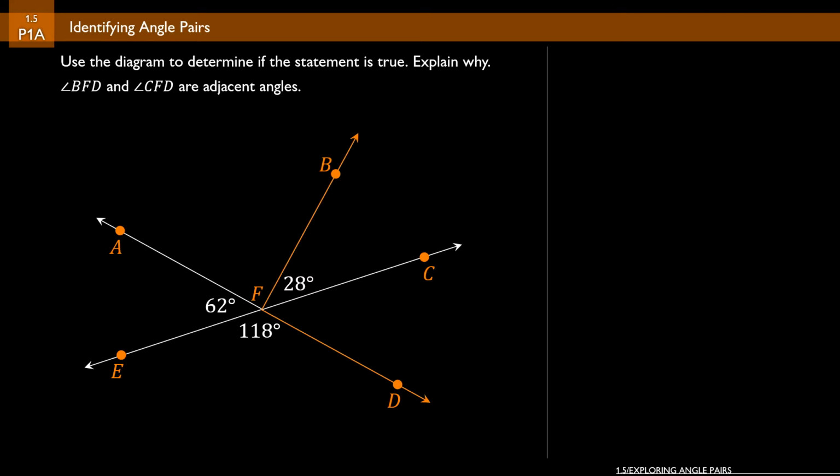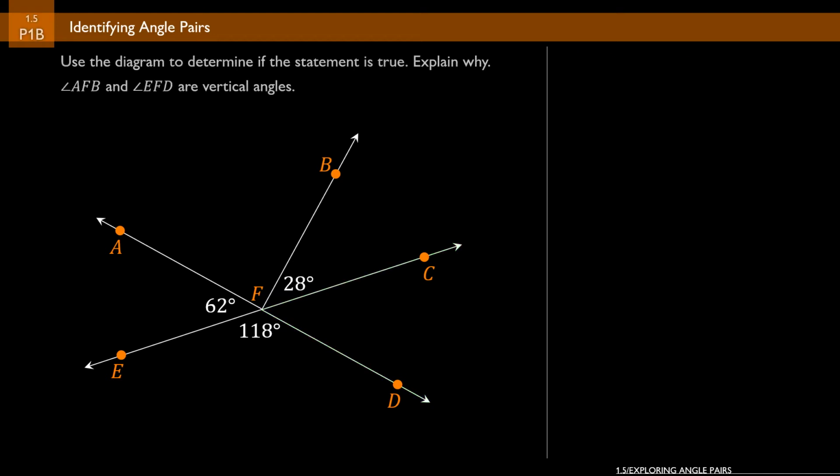In order to be adjacent to BFD, the next angle cannot overlap it, and it either has to share ray FB or ray FD. So we're going to look at where is angle CFD. And you can see that when it highlights it in green, it overlaps angle BFD. Therefore, the two angles are not adjacent because they overlap.